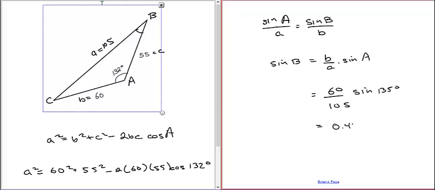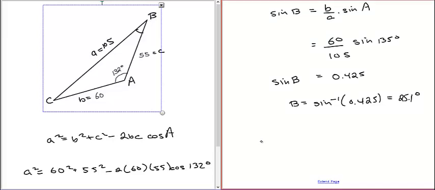This gives you the sine of B. To get B, we take the inverse sine of 0.425, and that comes out to be 25.1 degrees.